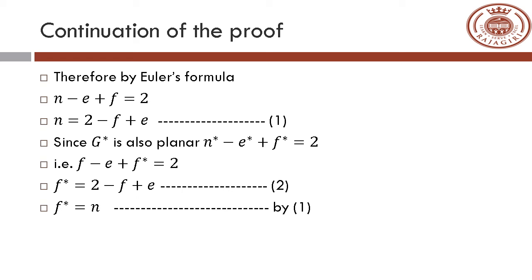And since n star is equal to f and e star is equal to e, the above relation gives f minus e plus f star is equal to 2. Therefore, f star is equal to 2 minus f plus e. And using relation 1, 2 minus f plus e is equal to n. Therefore, the number of faces in the dual graph is equal to the number of vertices in the given planar graph.